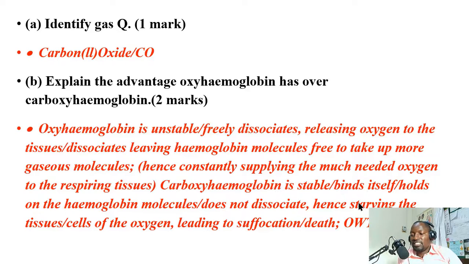It cannot dissociate easily, and therefore carboxyhemoglobin is stable, holds on to the hemoglobin molecules and does not dissociate, hence starving the tissues of the cells, leading to suffocation. But oxyhemoglobin is unstable. It freely dissociates, releasing oxygen to the tissue. It dissociates, leaving hemoglobin molecules free to take up more gaseous molecules.